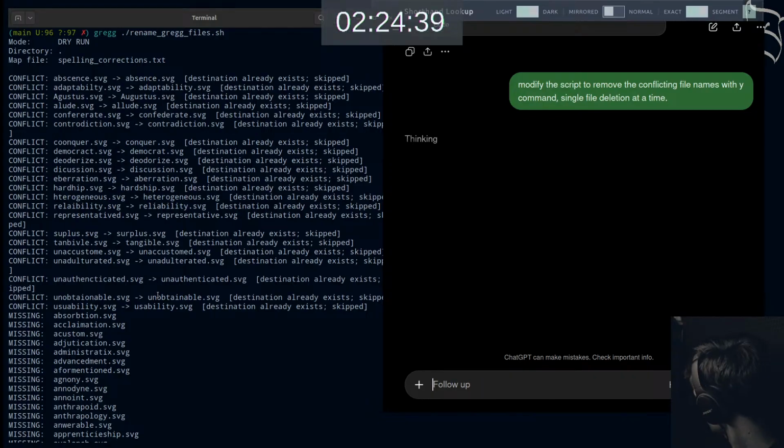So what it's going to do is go out and modify the script so that I can then run the command with a flag, probably to remove conflict.